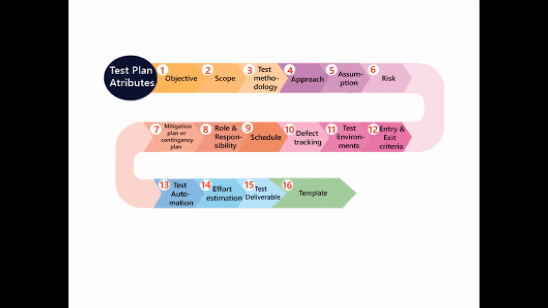If the same steps are going to be followed in n number of iterations, you can go for automation, effort estimation, test deliverables, and templates, the various templates associated with the test plan. All those things should be considered while creating any test plan.